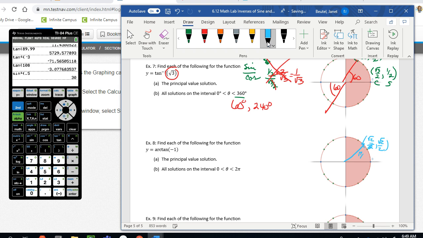So this pi over 4 will give us 1, but I'm wanting -1. So tangent is negative over here and down here. So this is going to be 3 pi over 4 and 7 pi over 4. And those are my two answers.